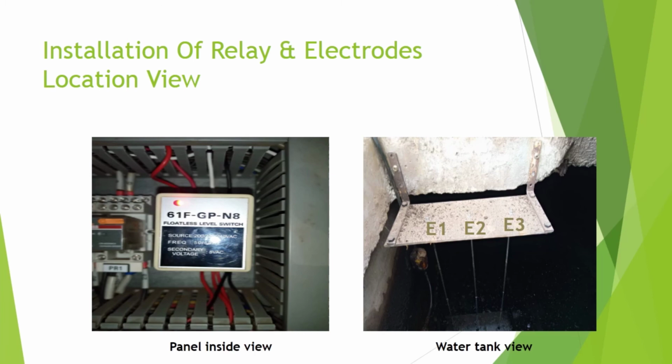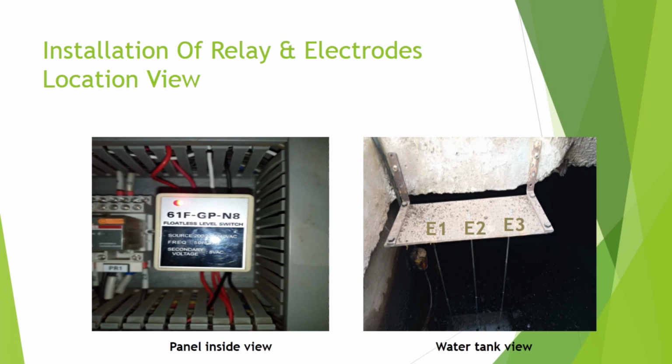This type of L-shaped plate you can install beside the water tank wall. So these are the 3 electrodes. You can see E1, E2, E3.